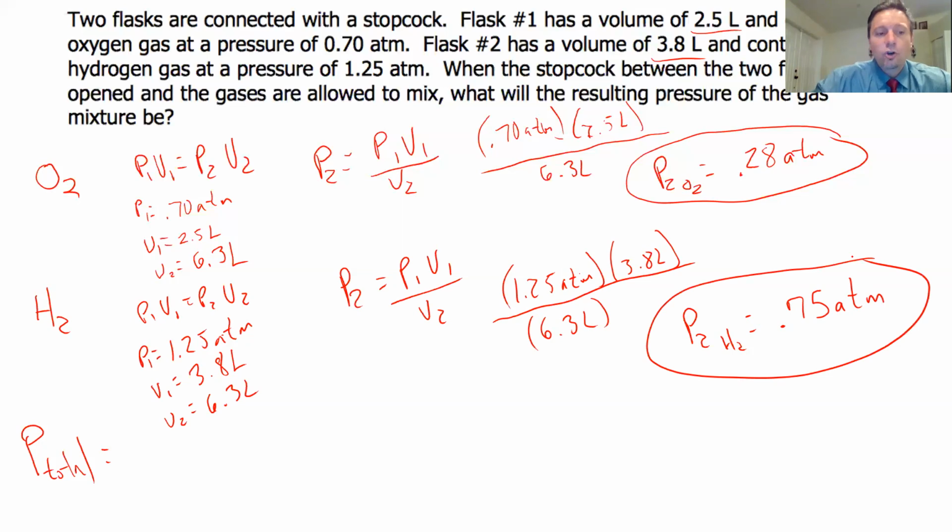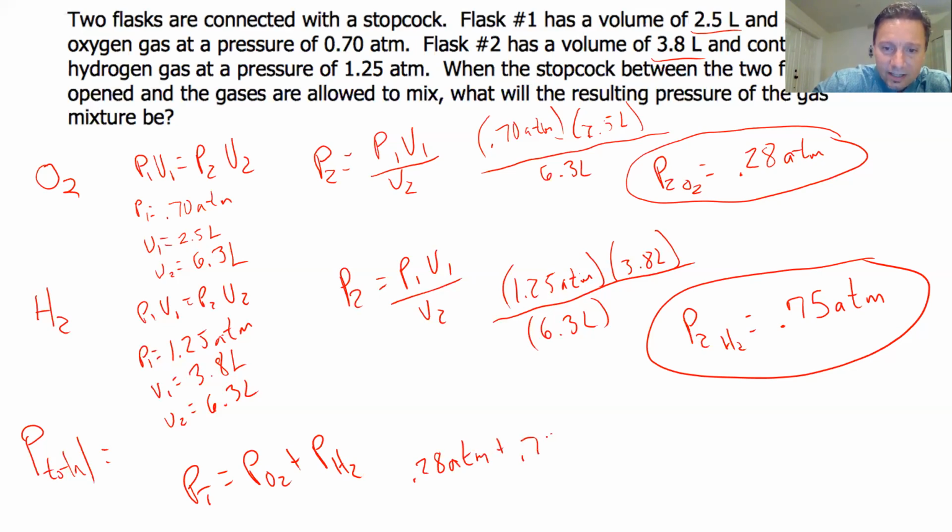So the total pressure is the sum of all the partial pressures. So I'm going to have pressure total equals pressure of O2 plus pressure of H2. So if I plug this in, I have 0.28 atmospheres plus 0.75 atmospheres.